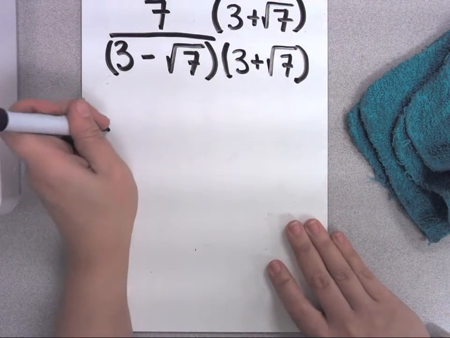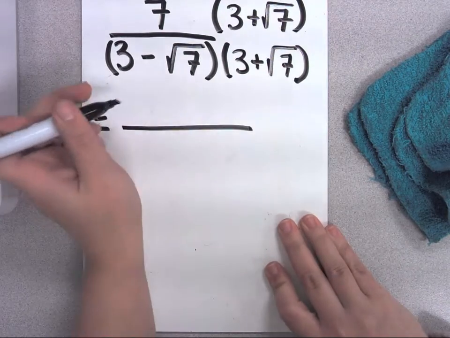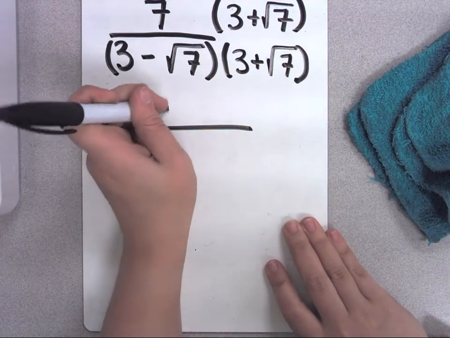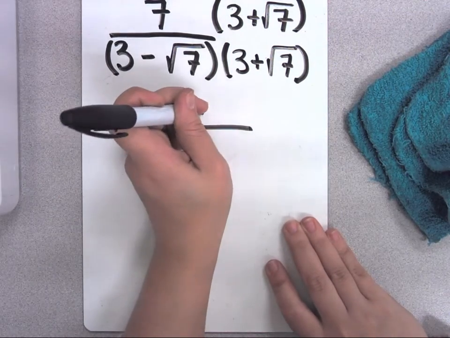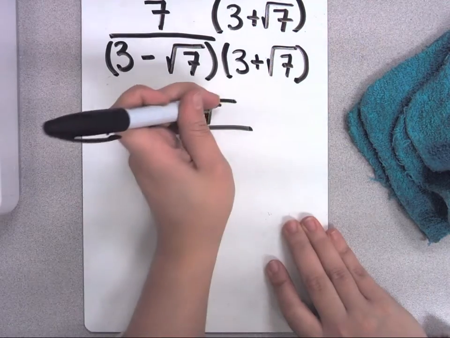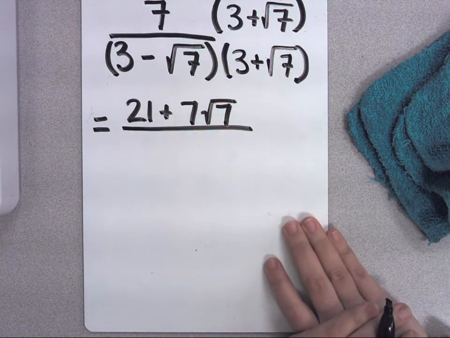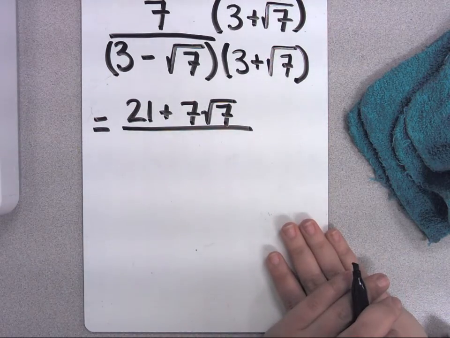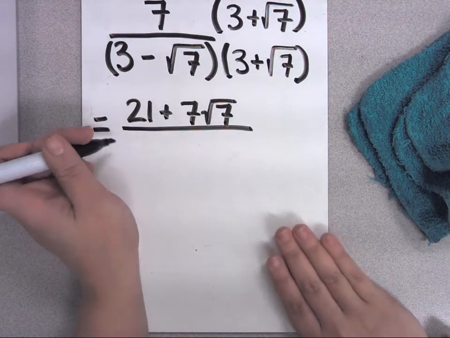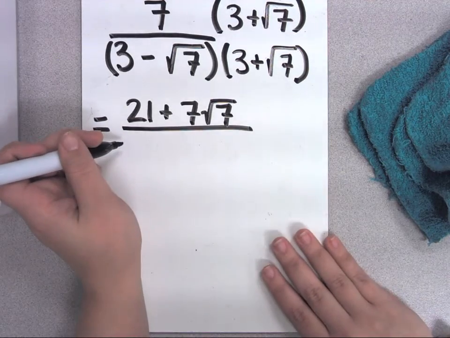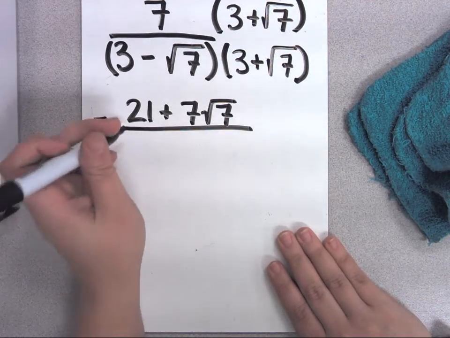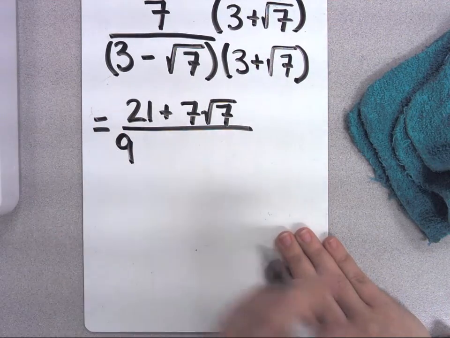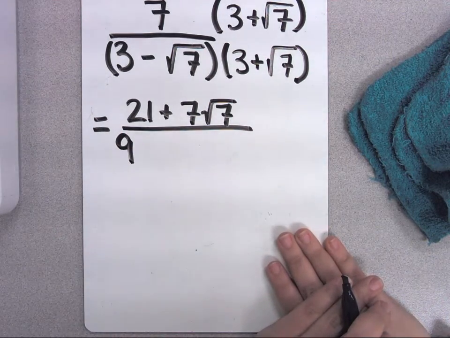So the top you're going to distribute again. When I distribute, what am I going to get on top? It's just weird because they're the same number, isn't it? It's okay. 7 square root of 7 is correct. Now in the denominator, when we FOIL, what do we get for F? First times first. Yep, 9. What about O?